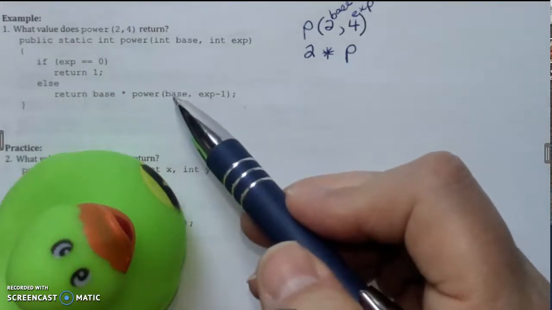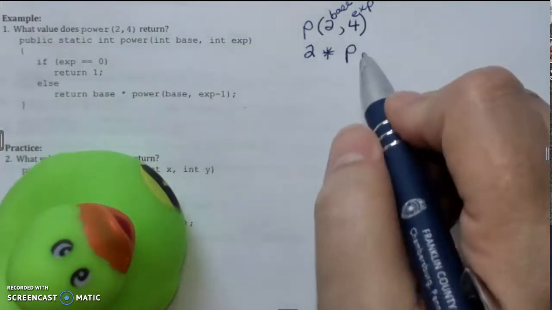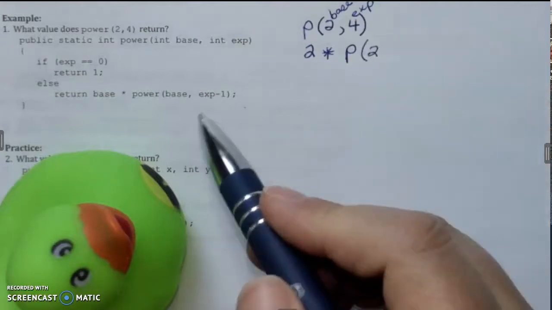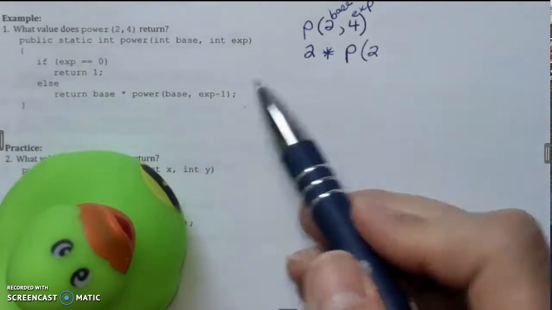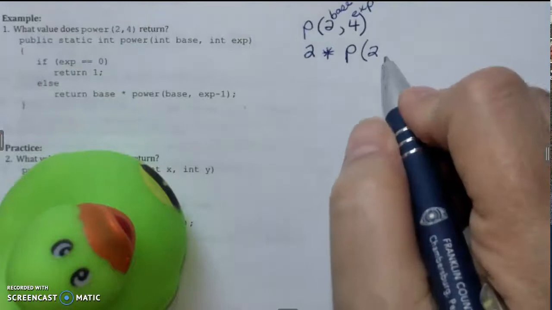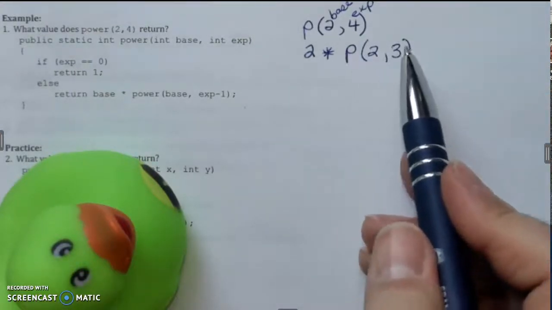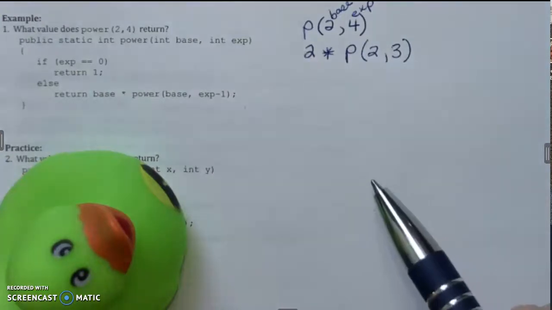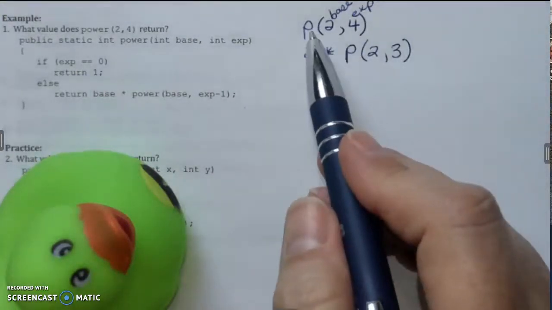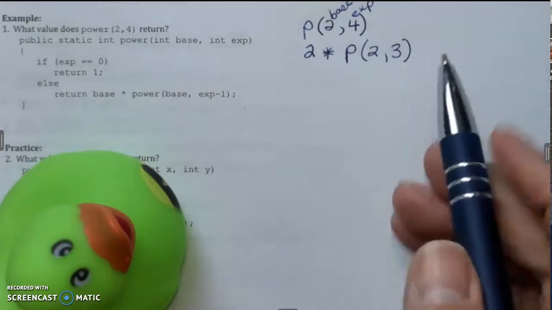This time I'm going to pass the base, which is still 2, and exp minus 1. So exp is 4, so this. I need to figure out what this is so I know what to multiply 2 by. I have handled this call. It reduces to this.